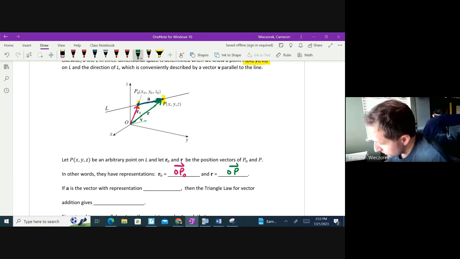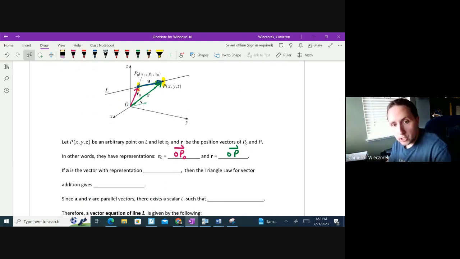Well, and then what we really want to focus on is that vector A, because that vector A is moving in the direction of the line.